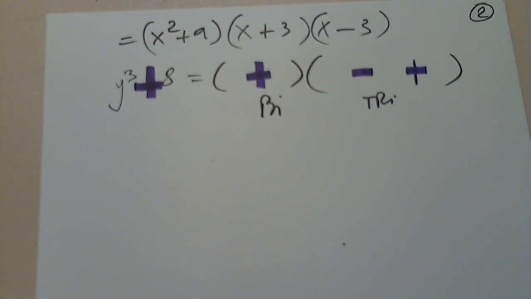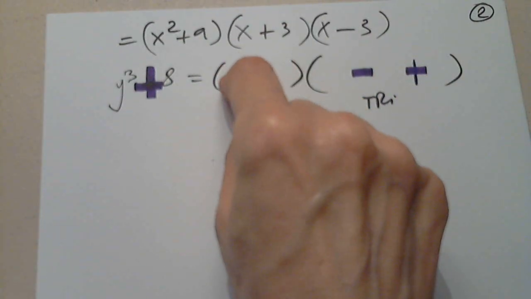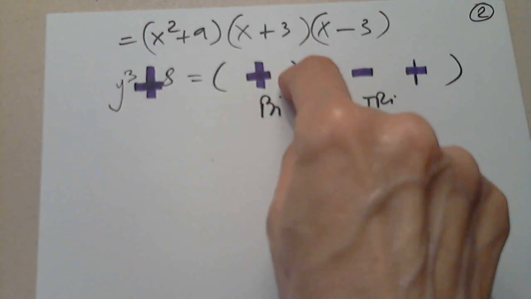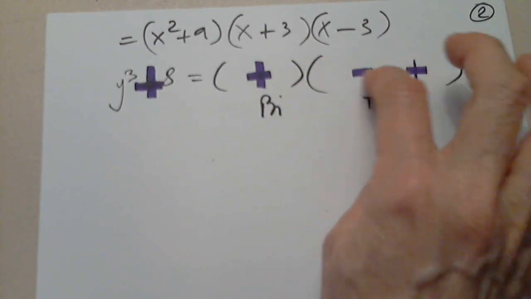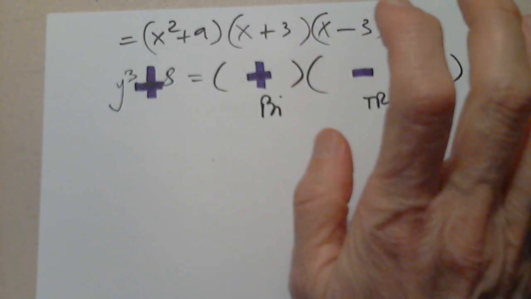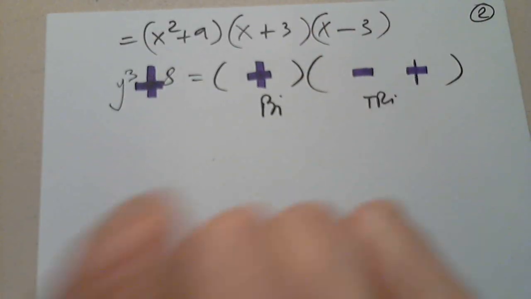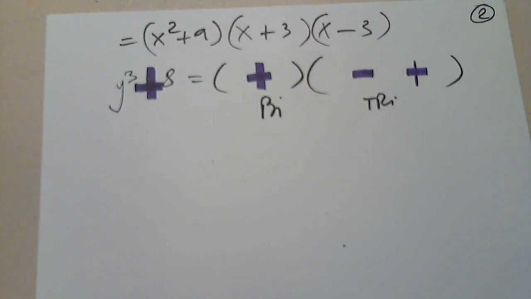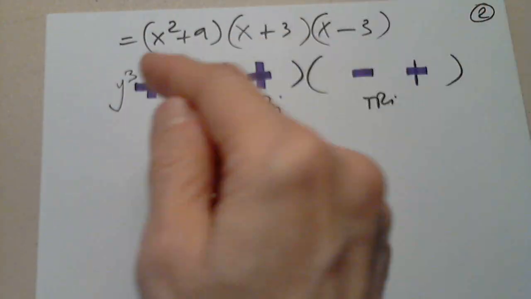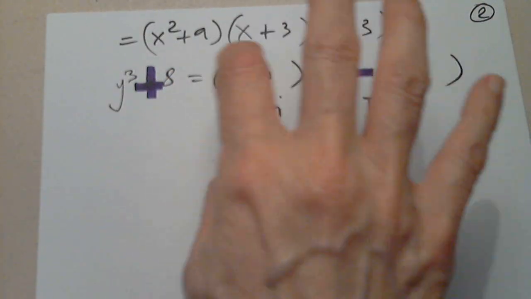Good. So now I have to determine what term I cube to get this, and what term I cube to get this, because this pattern is very easy. I square, multiply. But I need to determine what term I cube to get y cubed, what term I cube to get 8.